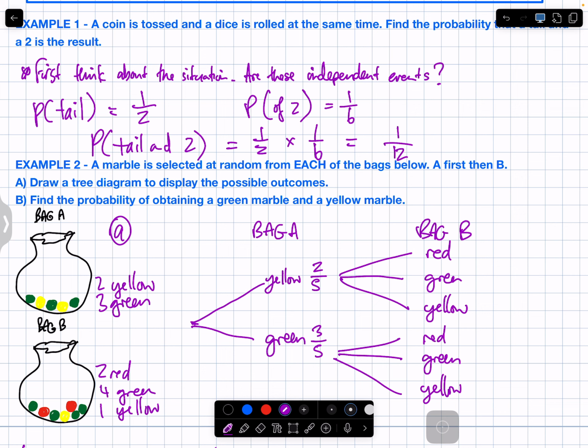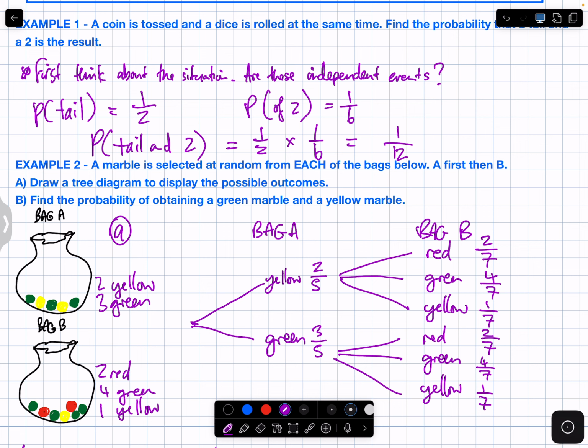What's my chance of getting a red in bag B? 2 out of? 2, 3, 4, 5, 6, 7. Yep. 2 out of 7. Green, 4 out of 7, and 1 out of 7. That doesn't change for the other branch either. It's all the same because they're independent. 2 out of 7, 4 out of 7, 1 out of 7.